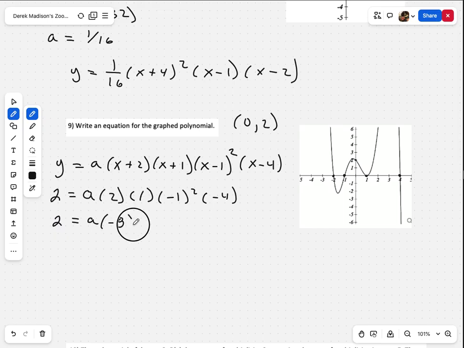So I think that's a -8 over there, and divide that over and we get a equals -1/4. And so the answer should be all of this, but with that -1/4 right there, and I'll just pass on writing all that out again.